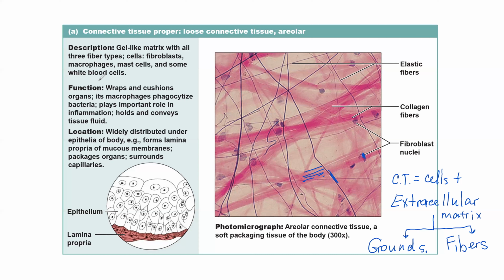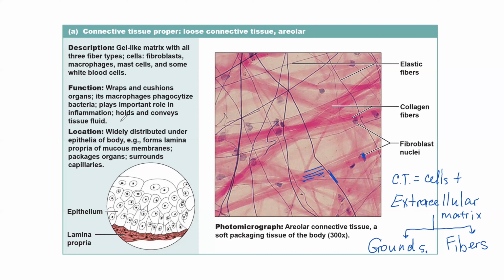Function: it wraps and cushions organs. Macrophages phagocytize bacteria, that means they pretty much engulf them, swallow them, take them in, and destroy them. It plays an important role in inflammation, and holds and conveys tissue fluids. Location: widely distributed under epithelia of the body.